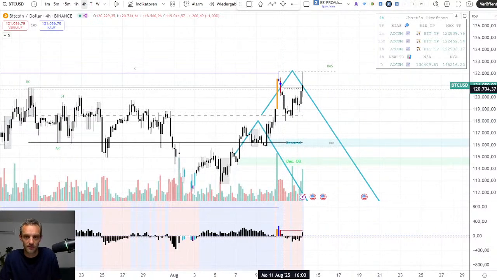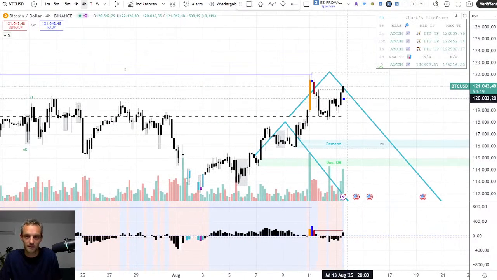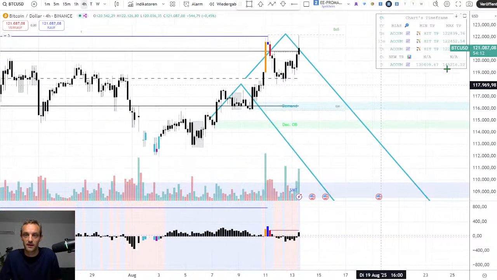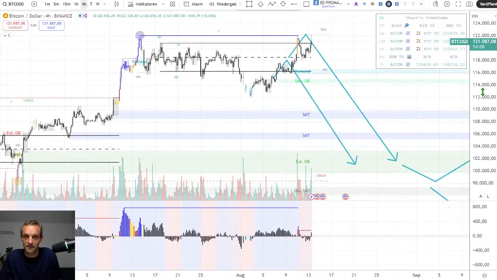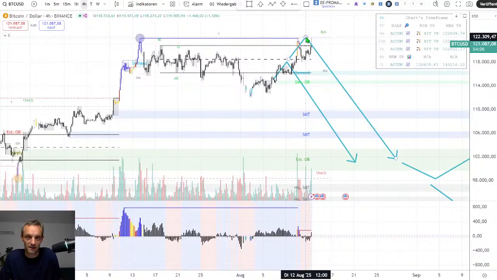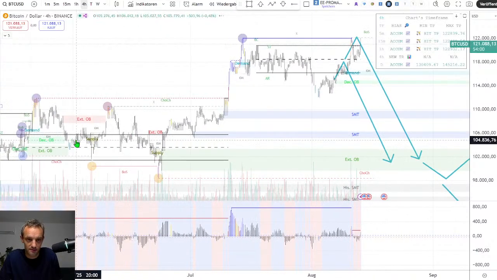Or if you trade, for example, on a 4-hour candle, wait for the 4-hour candle to break, and then trade back into the range and the failure to the downside. So from my point of view, everything you see here is all good. Everything is set. I don't need to update this forecast or this projection.